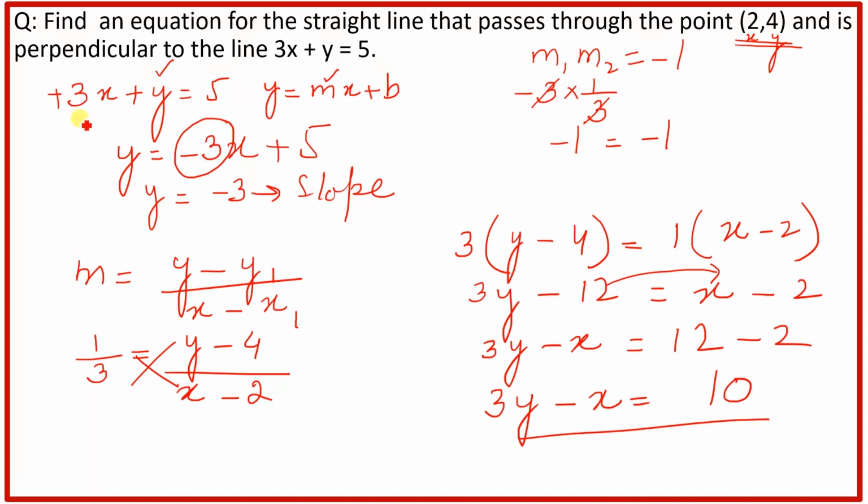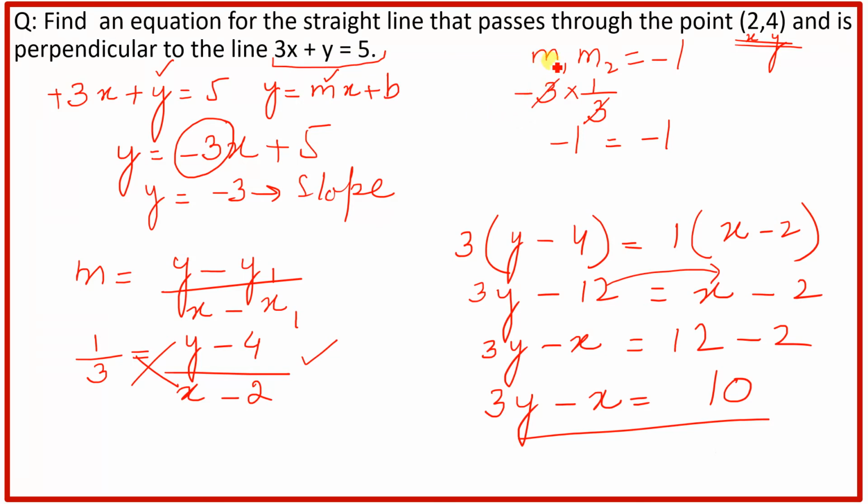So the question was to find an equation for a straight line that passes through the point (2, 4), and we used this point in this step, and is perpendicular to the given line. It's a very easy question. First of all, you have to find the slope of the given equation, and we have discussed that the coefficient of x is considered the slope of the equation.